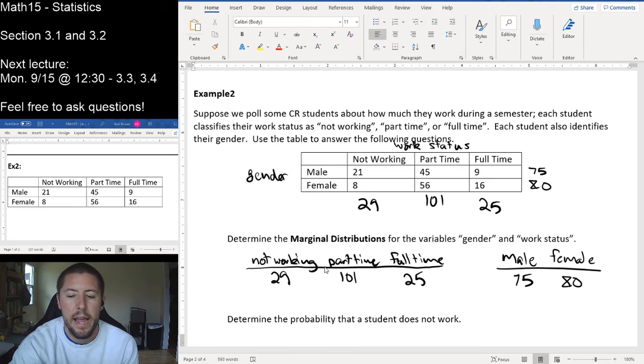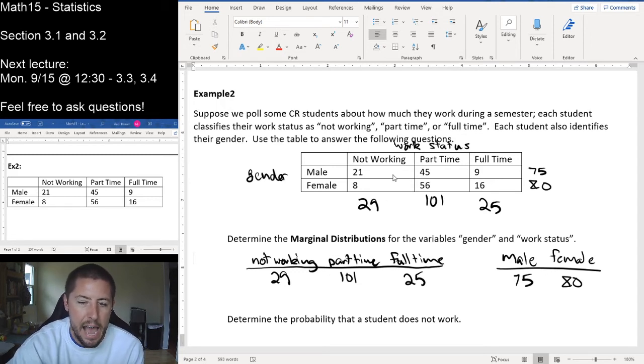So what I've done by extracting these two short lists right here, by adding my columns and adding my rows, is I've identified information that strips away the information of one of the variables. Notice that for you to interpret the number 21, you have to make an interpretation of both gender and work status. But for you to describe to me what 29 means in this table, that is only relevant to the work status. 29 has nothing to do with gender at all.